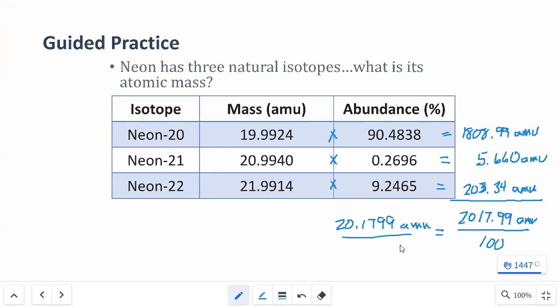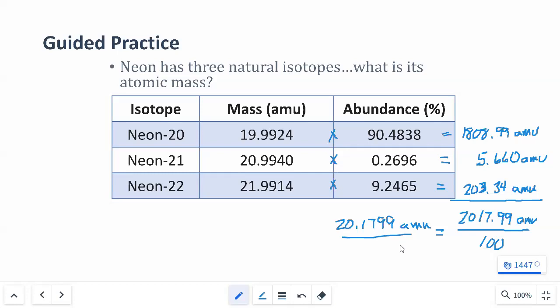And if you look at the periodic table for neon, 20.18 is what is reported here. On this table, 20.18. On that one, 20.1798. So you can see we're in pretty good agreement there.